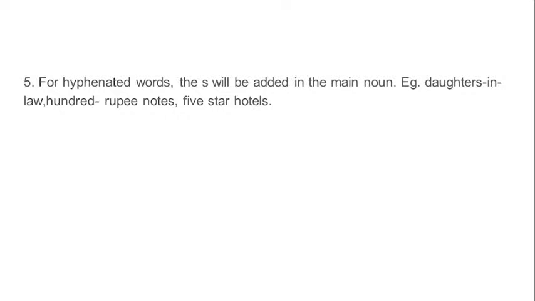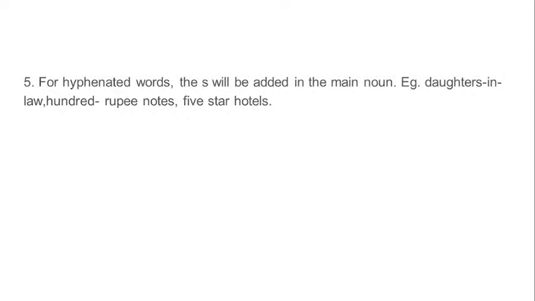Yes, so these are the examples, and the last one, as I said, is compound nouns, which are very important, because we always need to remember how we will change them to plural, or identify the errors if they are not properly changed in the plural form, or the wrong plural form is given. The S will be with the main noun, that is daughters, notes, hotels, commander, men in war, that is men.